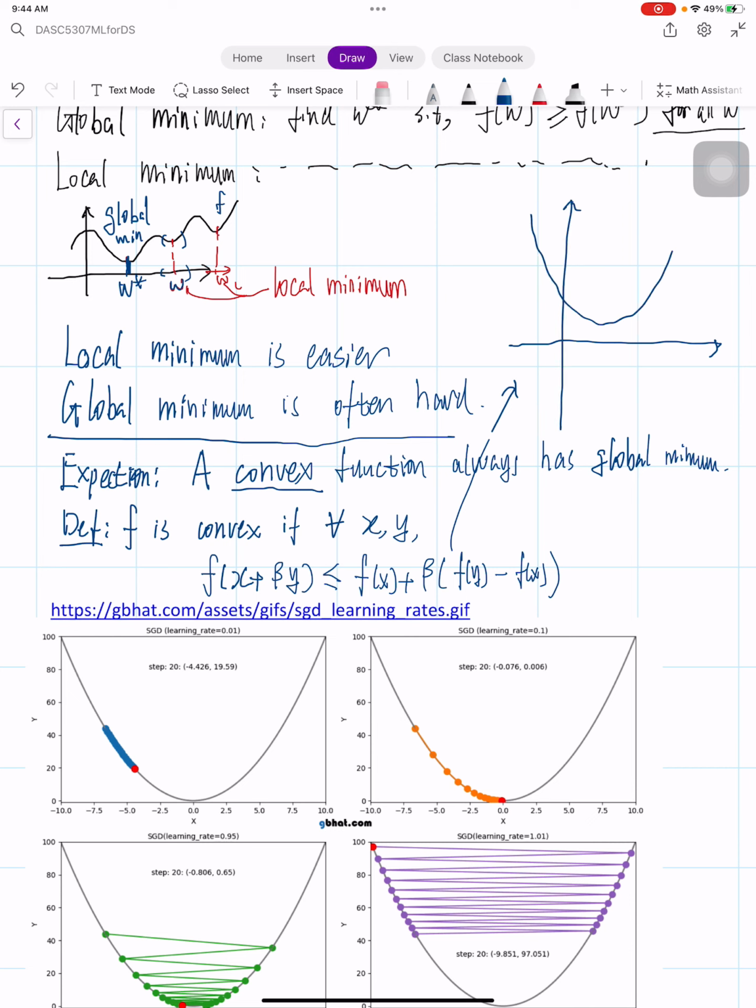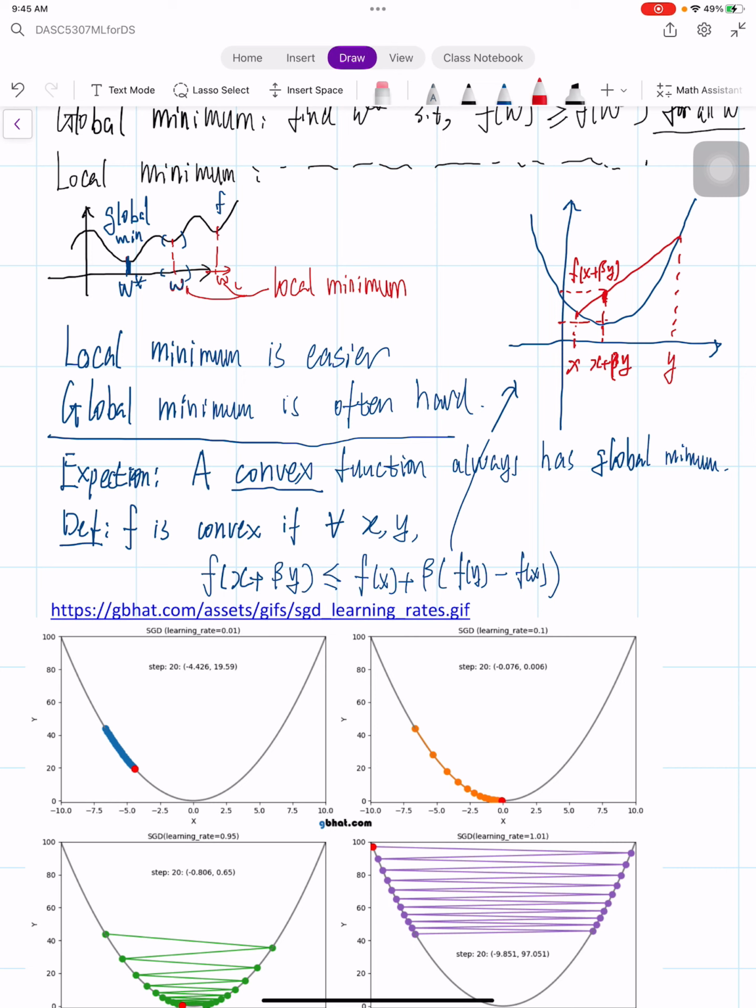Suppose we have a quadratic function here, and you pick any two points x and y and connect them, and you pick any point on this line segment, this point will be at x plus beta times y minus x. So f of x plus beta times y minus x should be below the point here.